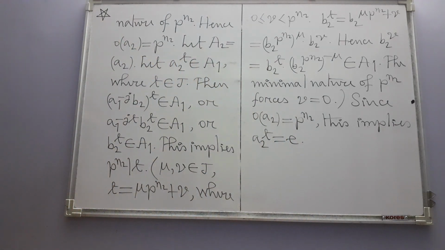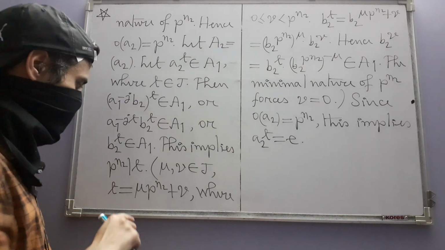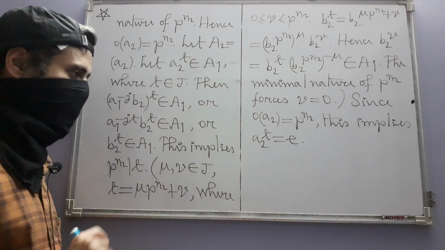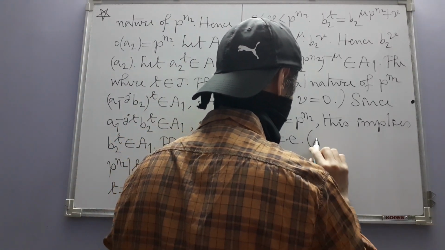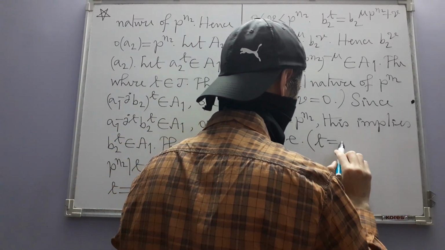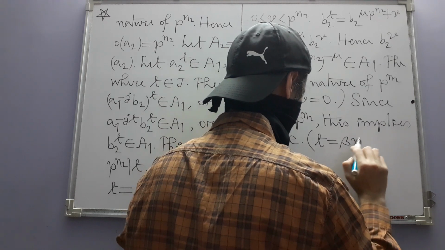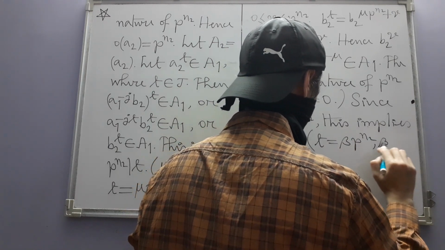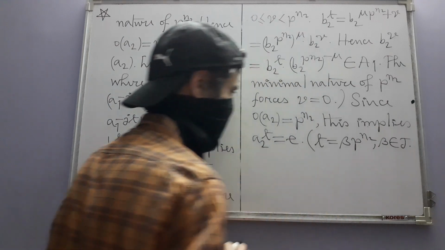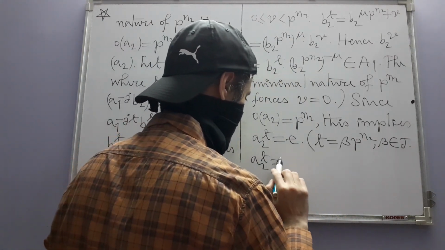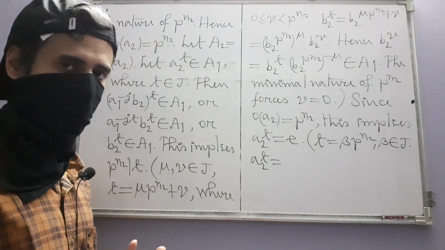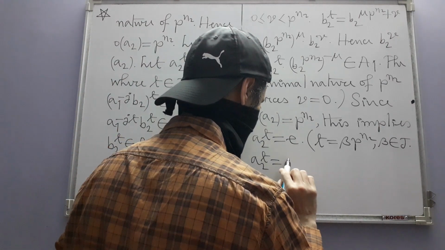Why? That's because you see p to the power n2 divides t. So let me write the explanation here. T is equal to something, say beta times p to the power n2, where beta is an integer. So A2 to the power t will be, if I write at once using one of the rules of exponents, this.